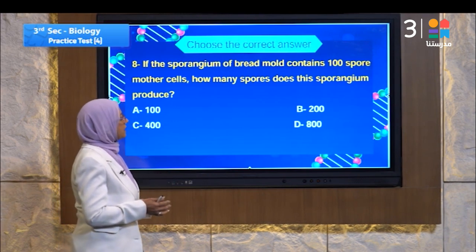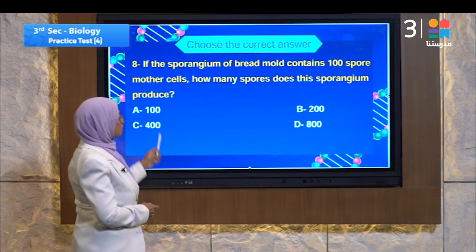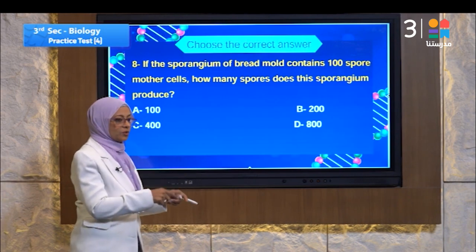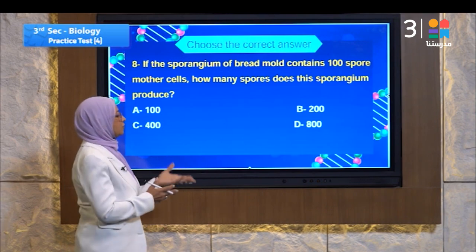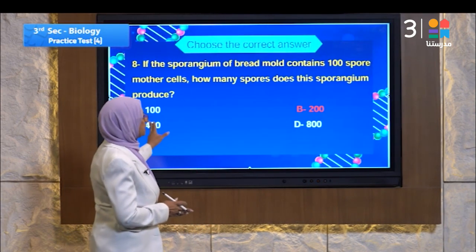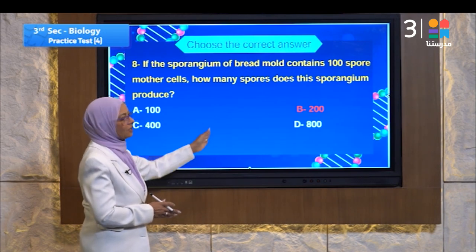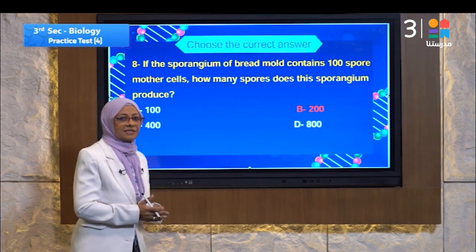So we have here 100 spore mother cells, and each of them produces 2 cells. So 100 times 2 makes the answer 200. The answer must be 200 because they divide mitotically.